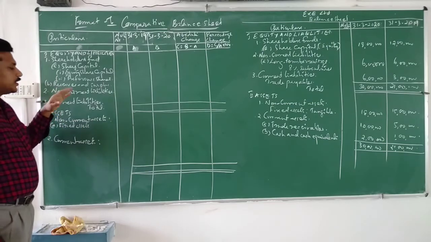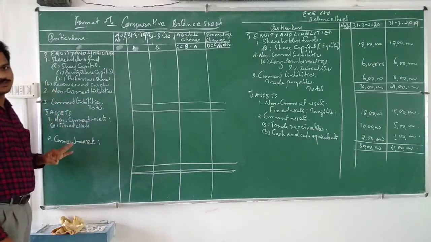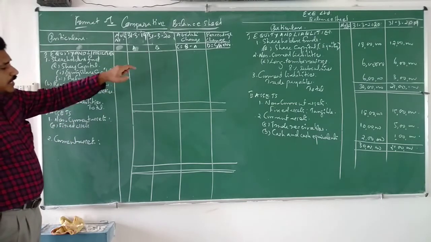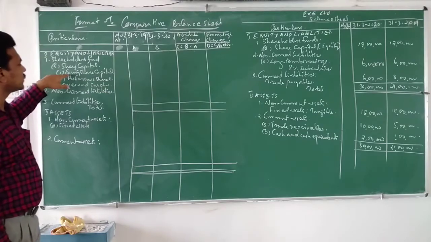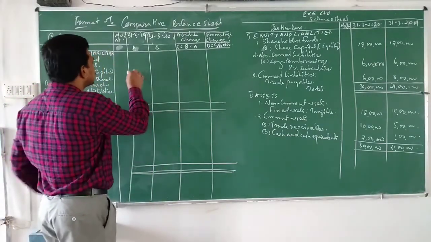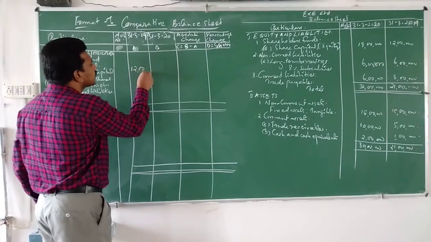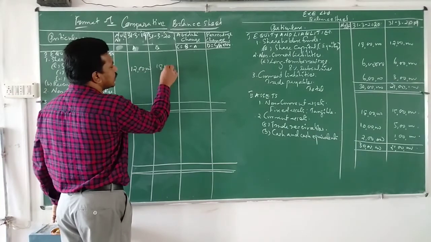Due to space constraints, I have omitted some of the items. So anyway, we can write the next item, share capital. Under that, equity share capital for 2019 is 12 lakh. For 2020 it is 18 lakh.